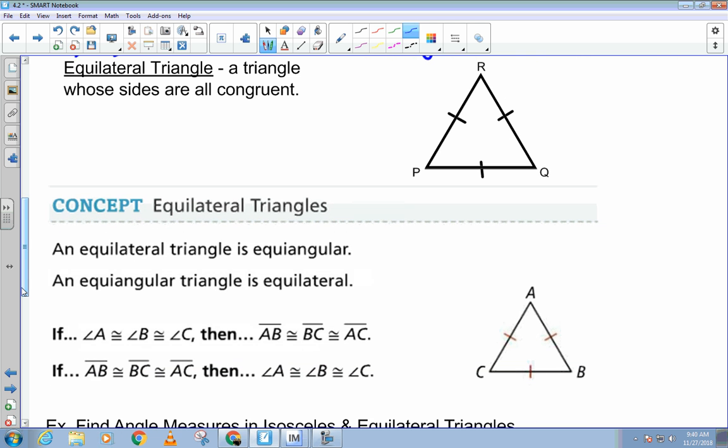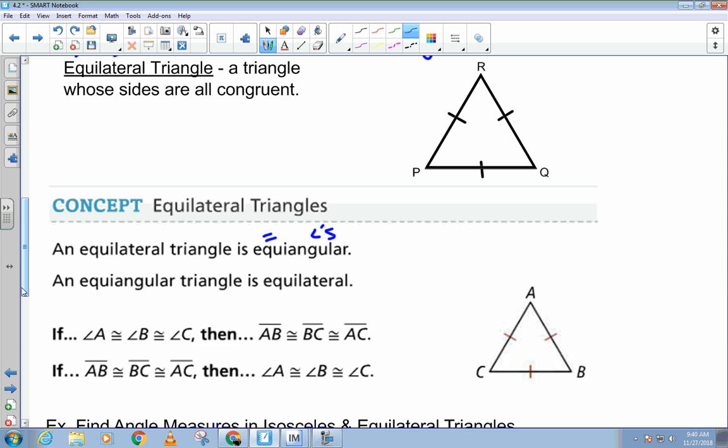Now, we have a couple little theorems or concepts you need to make sure you understand. An equilateral triangle is always equiangular. What do you think equiangular means? Equi means equal. Angular means angles. So if a triangle has equal sides, it also has equal angles.